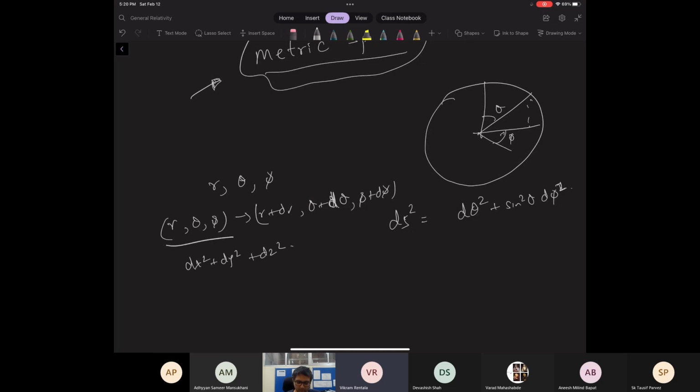Alternatively, I can work it out in polar coordinates, and the same distance in 3 dimensions between any 2 points will be dr square plus r square d theta square plus r square sine square theta d phi square. If you've not worked this out, then I encourage you to do this.